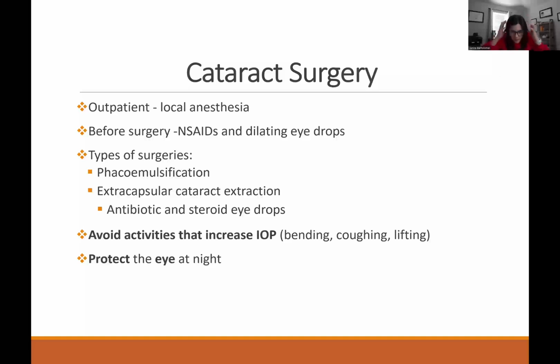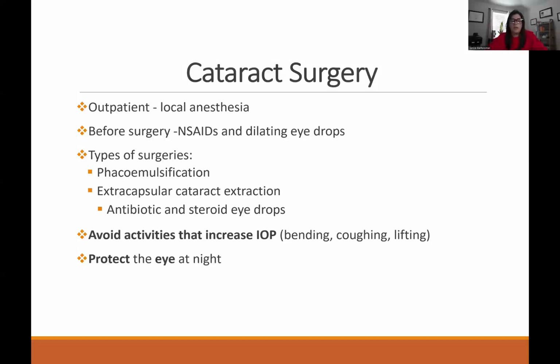So bending, if you bend down, you feel that pressure here in your head. If you're coughing, sneezing, lifting, or if you pinch your nose and blow, all of that makes your head pop in a way, or you feel a pressure in your head.